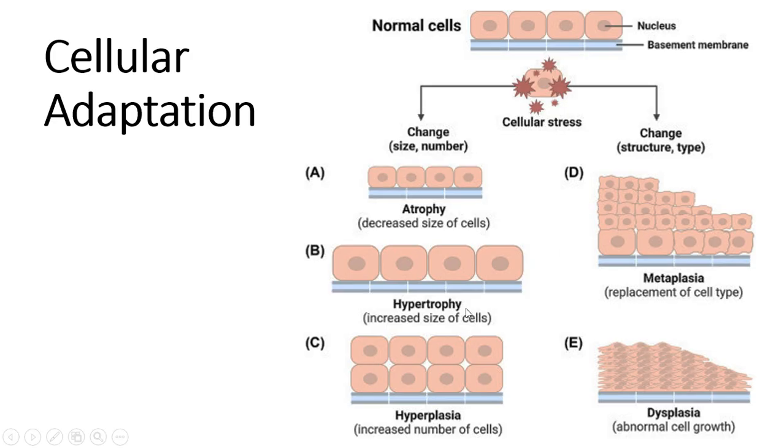For example, here, this is normal cells. In general, the proportion between nucleus and cytoplasm in cells is around 1/3 or 1/4. One part is nucleus, 3 or 4 parts is cytoplasm. However, in cases of dysplasia, the shape of the cells will be different from the original cells, and the proportions of the nucleus and cytoplasm will be abnormal as well.